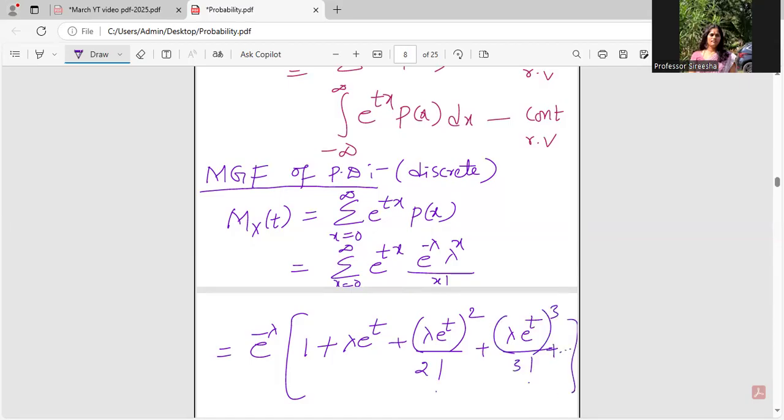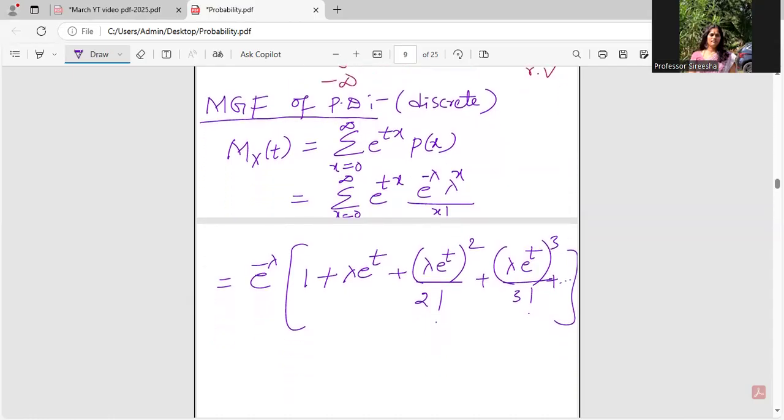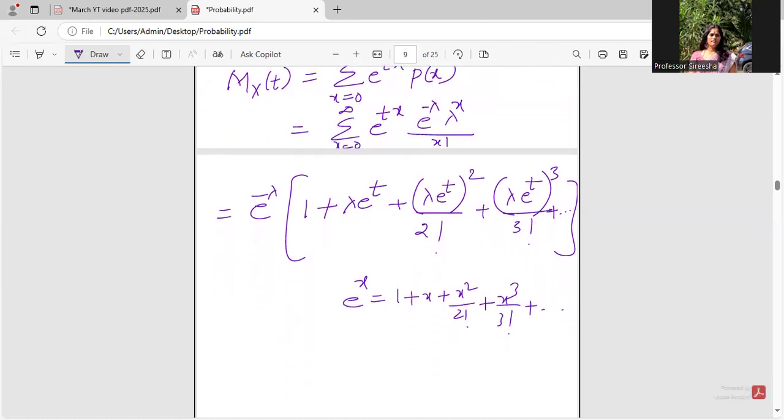In the previous video we discussed the expansion for e power x. It is 1 plus x plus x square by 2 factorial plus x cube by 3 factorial and so on. So what would this term be? This term is nothing but, in the place of x, I have lambda e power t.